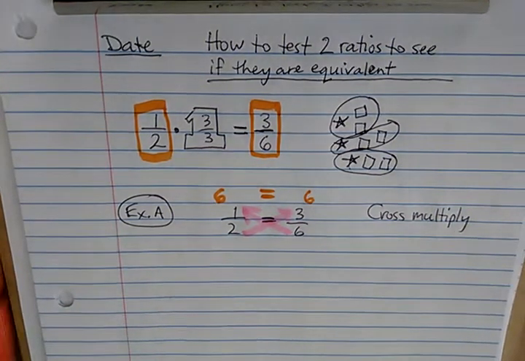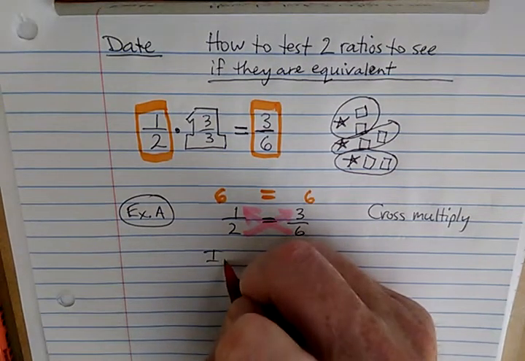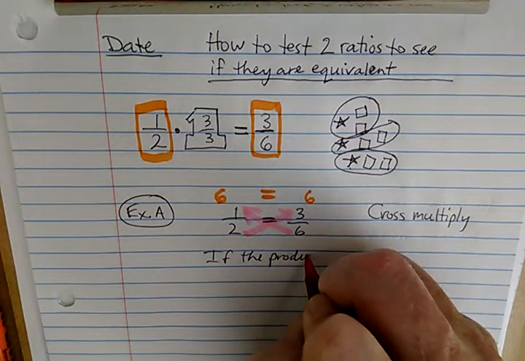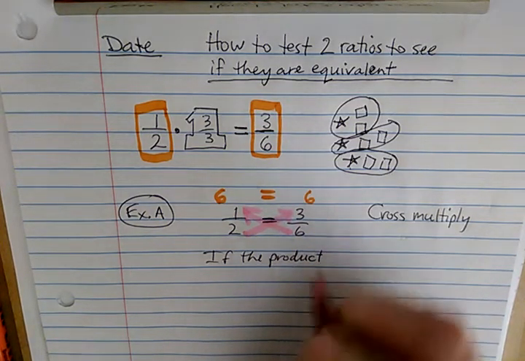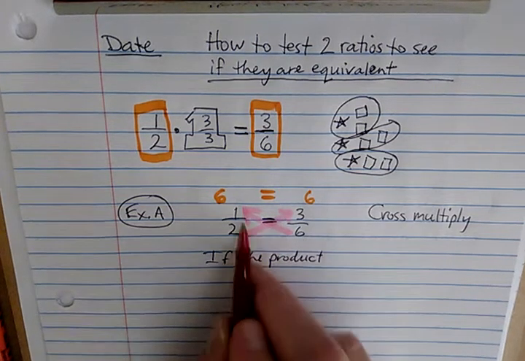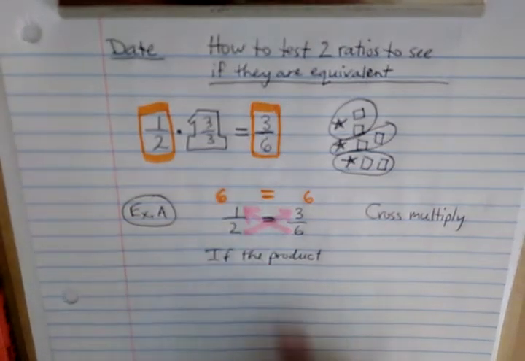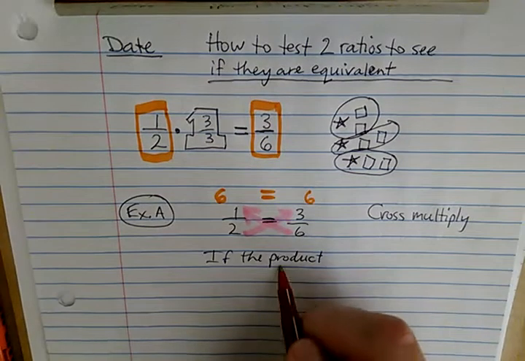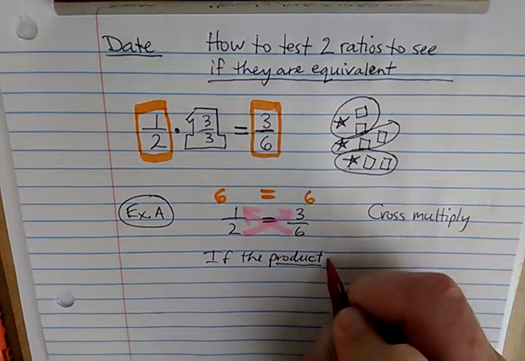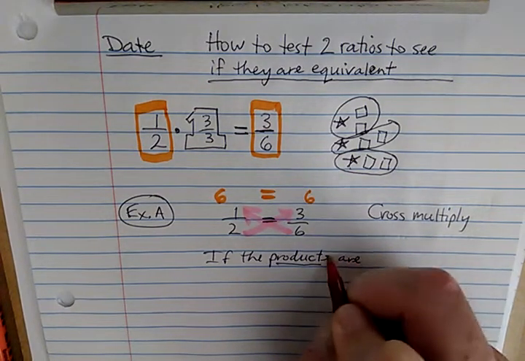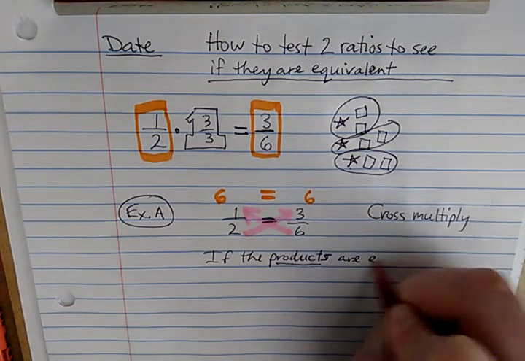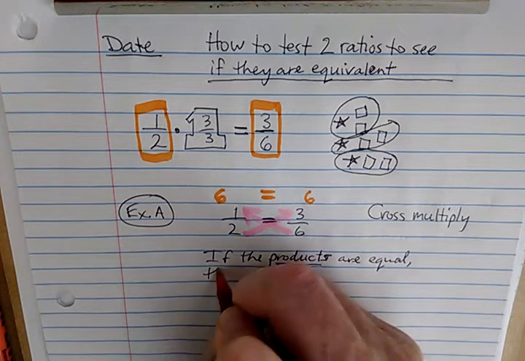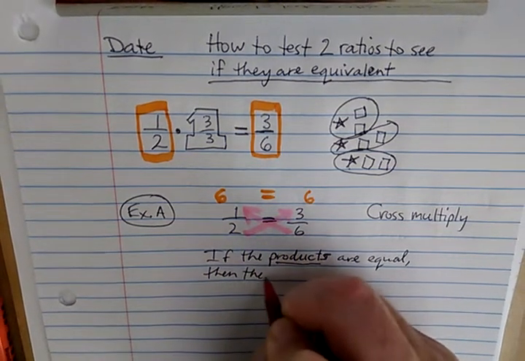So let's write that down. The product is the answer we get when we multiply, so we just got two products. When we multiplied 6 times 1, we got 6. That was a product. And 2 times 3 is 6, and so that 6 is also a product. Okay? So if the products are equal, then the ratios are equal also.